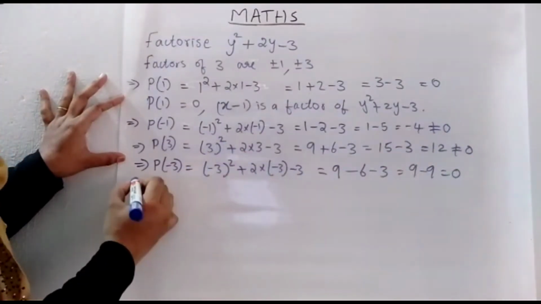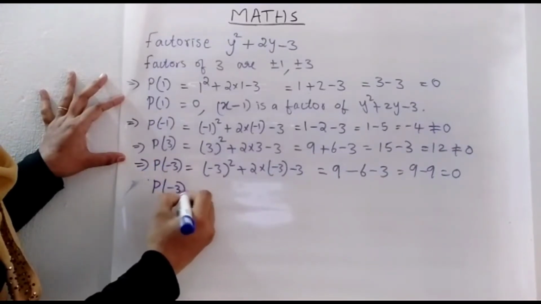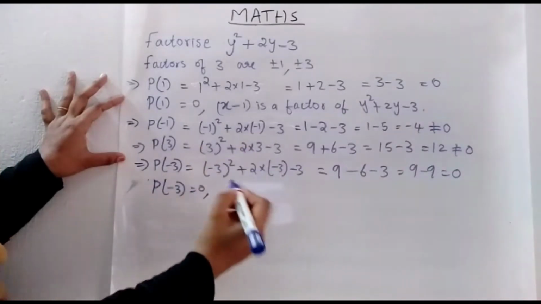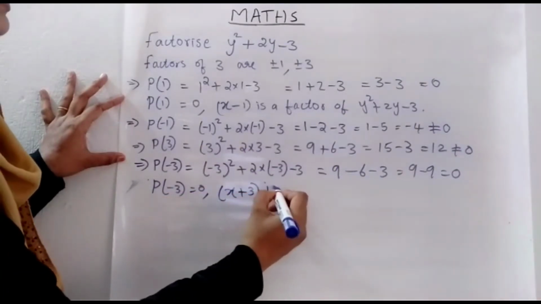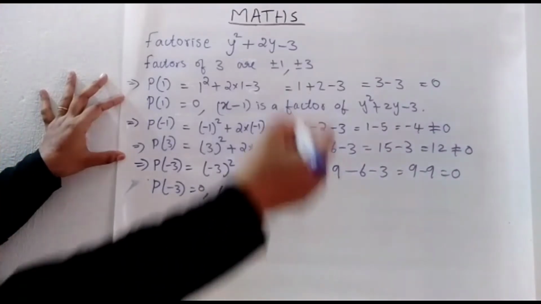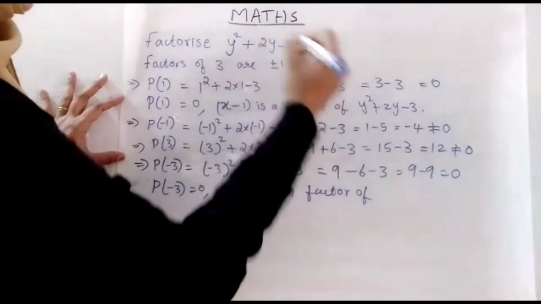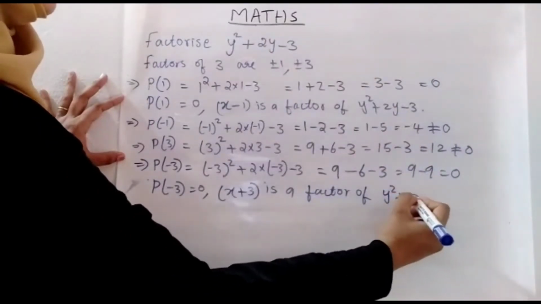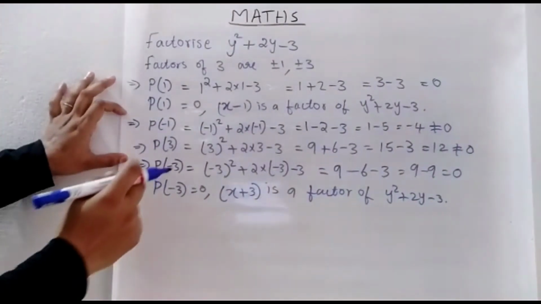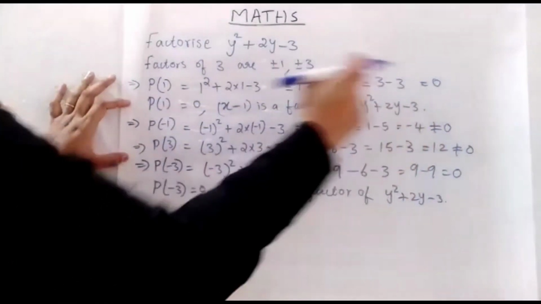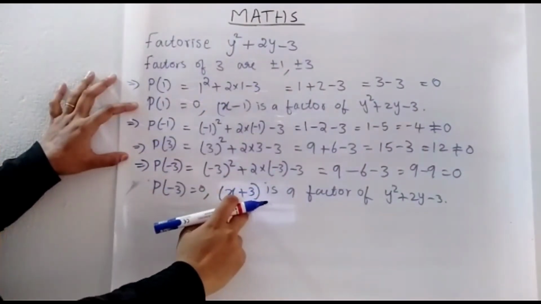That means P of minus 3 is equal to 0, which implies y plus 3 is a factor of this polynomial y square plus 2y minus 3. So we got y minus 1 is a factor and y plus 3 is also a factor.